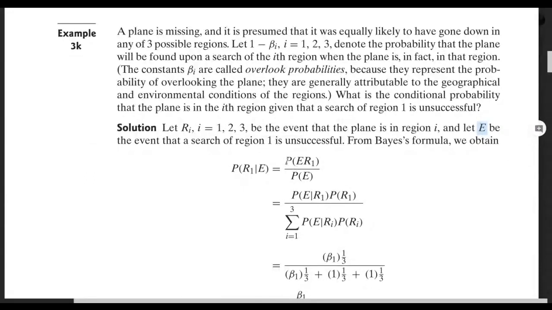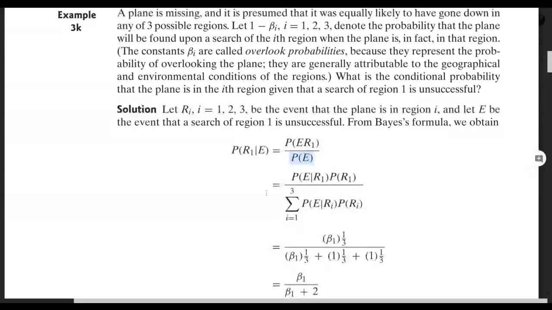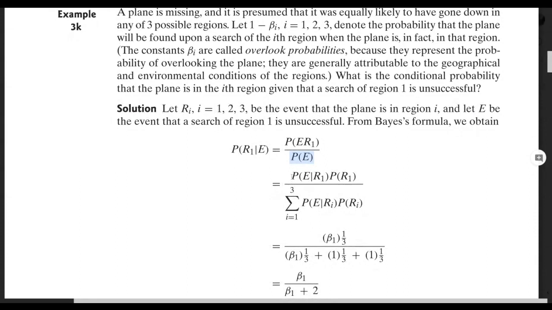So that equals the probability of the intersection of those two divided by the probability of E. And the intersection of those two equals the probability of the plane being in region 1, multiplied by the probability of being in region 1 and the search is unsuccessful.